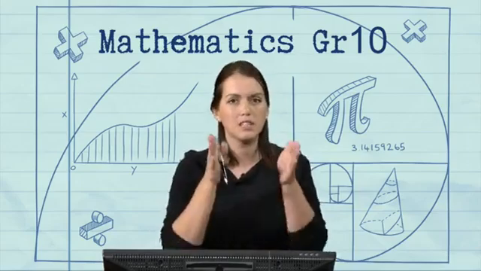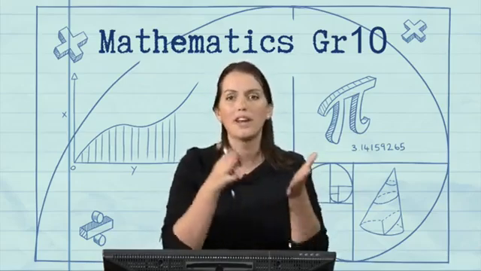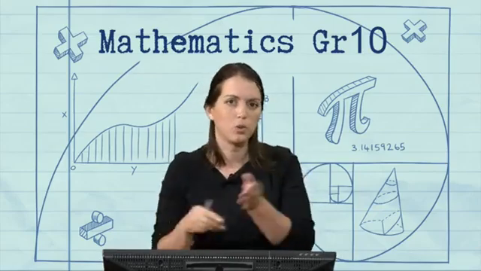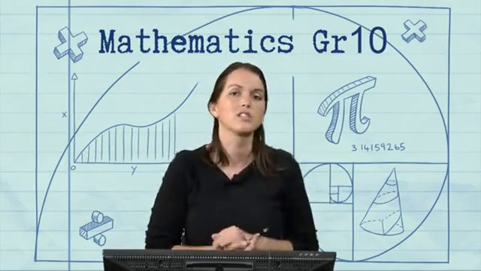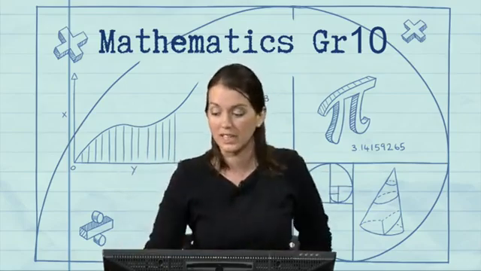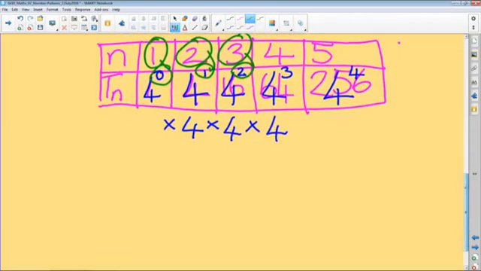So that means the exponent is going to be 1 minus 1, or 2 minus 1, or 3 minus 1. In other words, it's going to be n minus 1. So that means our general term is going to be Tn equals 4 to the power of n minus 1.